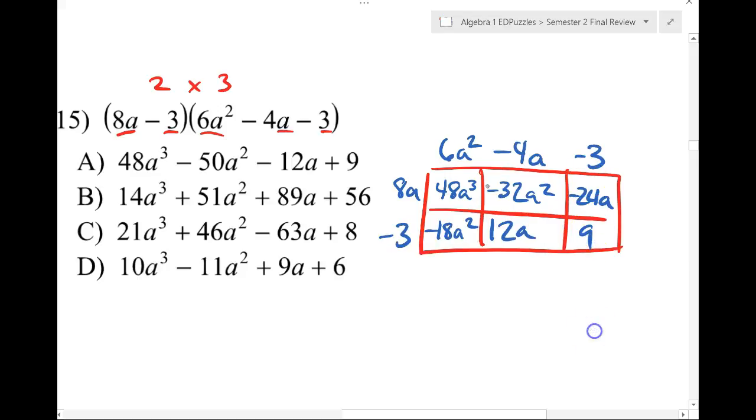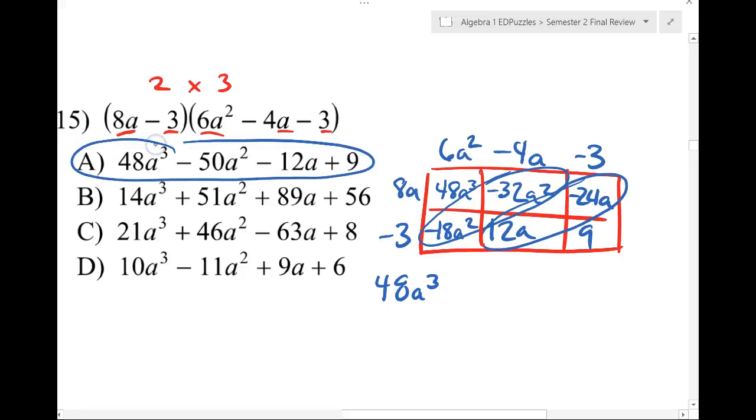And the nice thing about the box is that you know the diagonals will always combine, as long as you keep it all in standard form and put it in order. So first let's write the first term, 48a cubed. And right away I already know that the answer is A, because that's the only one that has 48a cubed.